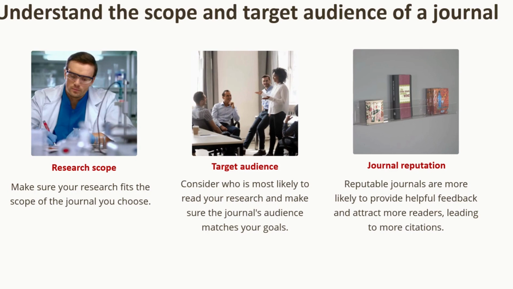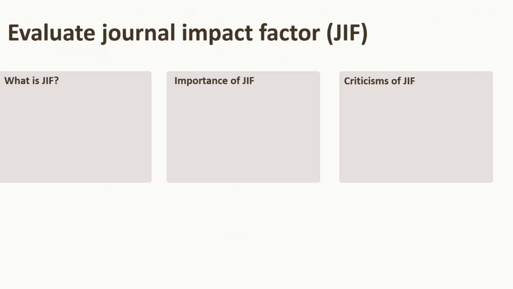In one of my next presentations, I will upload about the things to be careful about while understanding who the predatory journals are and how to identify them while selecting a journal. So that is another important thing, journal reputation.